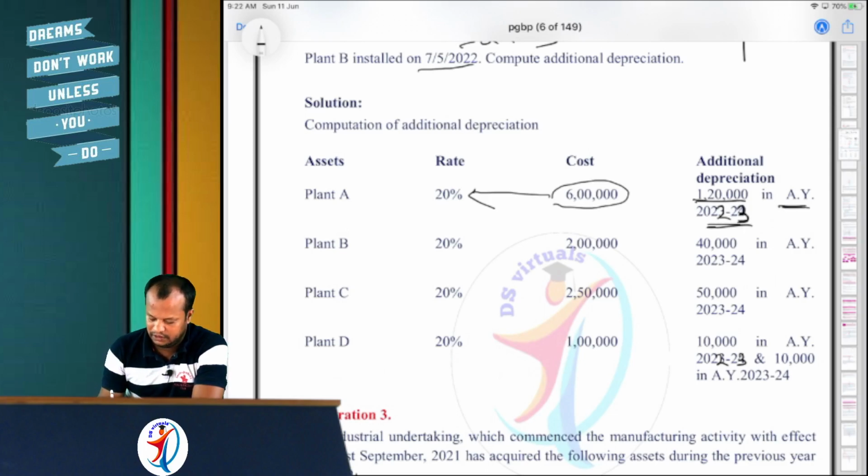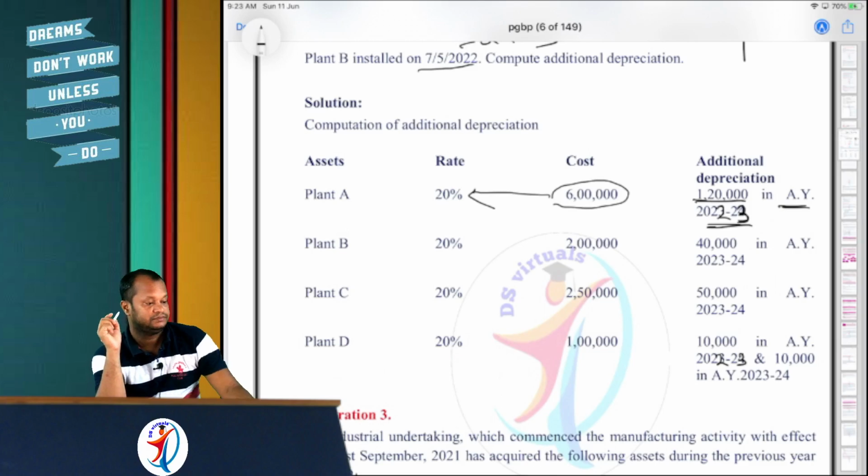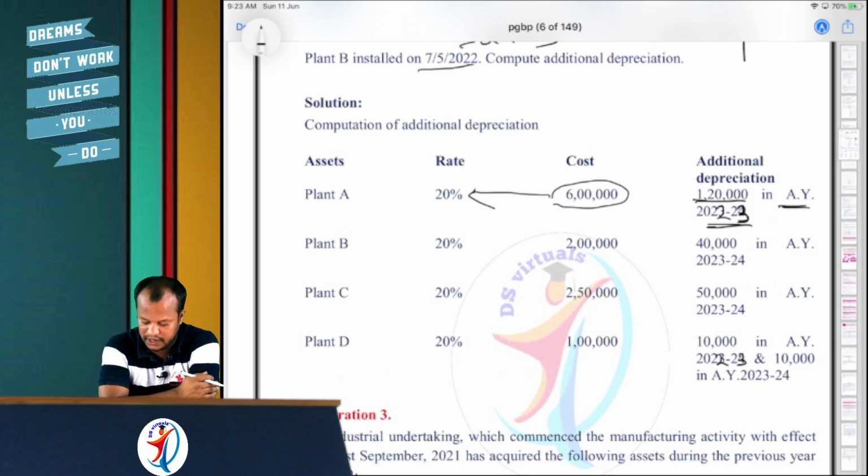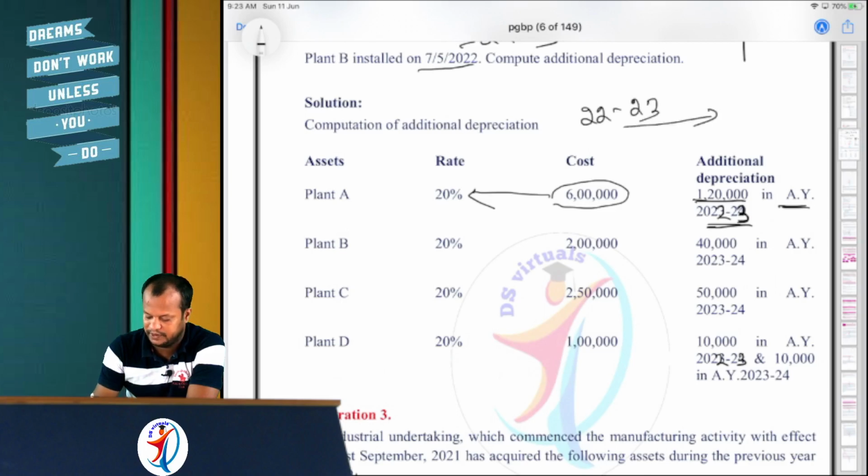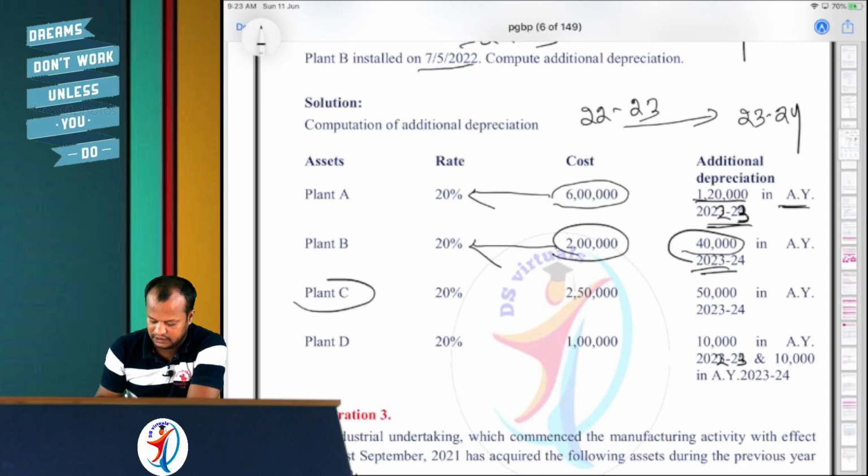The plant B, although acquired in 21-22, is installed in 22-23. So depreciation can be claimed in the previous year 23-24. Amount is 2 lakh into 20%, 40,000. Plant C acquired in 21-22. So depreciation can be claimed in assessment year 22-23.